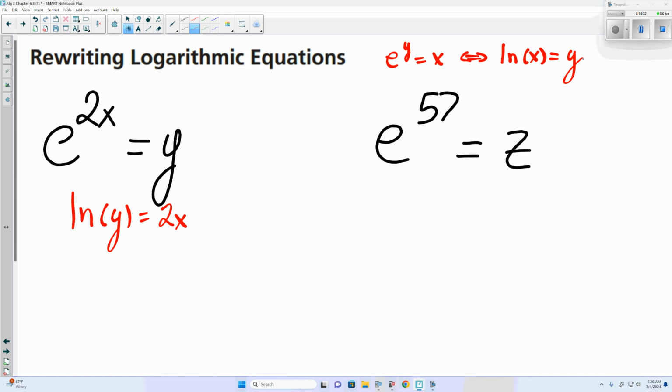And if you notice, this is the exact same thing we did with logarithms Friday, but instead of rewriting the base, it's understood to be e. And since our base on this set is all e, we don't have to rewrite it back in. So our e to the 57 equals z would be ln of z is equal to 57.